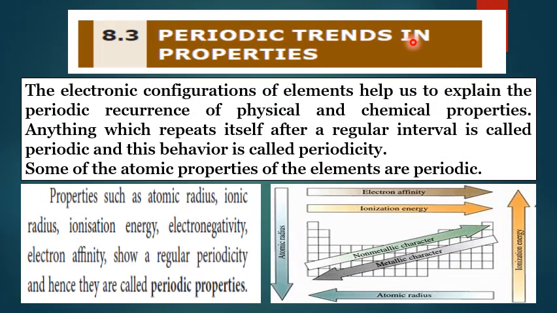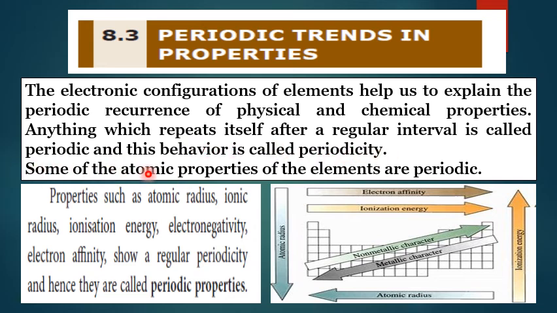Periodic trends and properties. The electronic configurations of elements help us to explain the periodic recurrence of physical and chemical properties. Anything which repeats itself after a regular interval is called periodic, and this behavior is called periodicity.